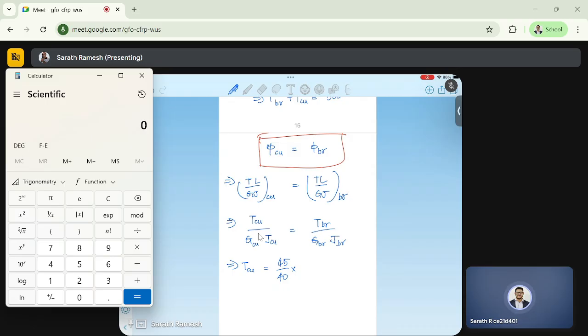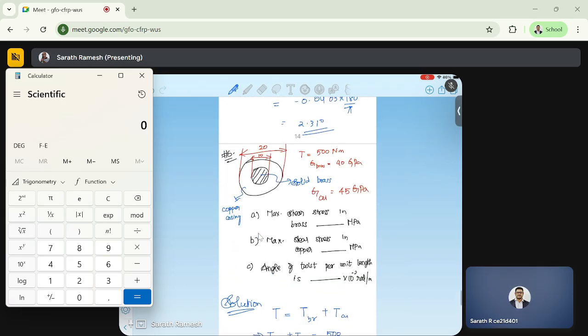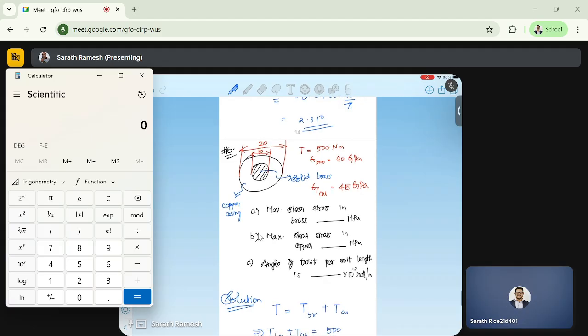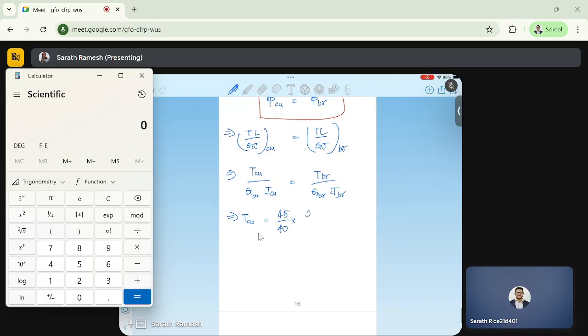So pi by 32, pi by 32 will go. J copper will be, it's hollow, so 20 power 4 minus 10 power 4, and this is only 10 power 4 times T brass. Right?